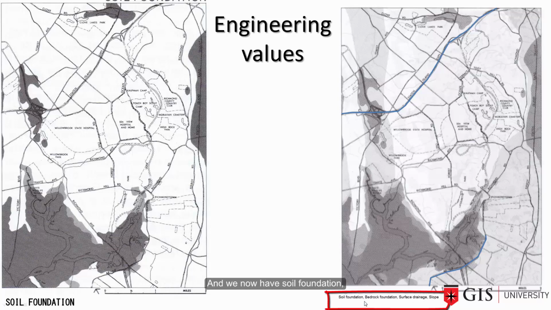And we now have soil foundation on top of bedrock foundation, on top of surface drainage, on top of slope. And we can see that there's all these darker areas, there's grey areas, and there's some transparent areas as well. Okay, so the optimal route for the roadway in engineering terms is starting to show itself.